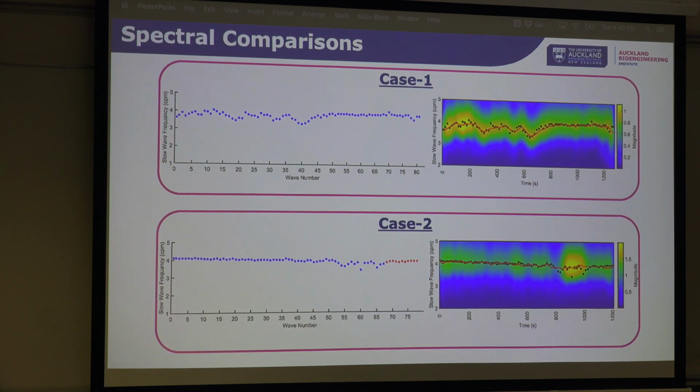So the first thing is we wanted to compare the EGG data versus the serosal data in a spectral sense. And so on the left-hand side of both case 1 and case 2, you can see the serosal frequency, and on the right-hand side, the red line shows what the EGG is mapped.